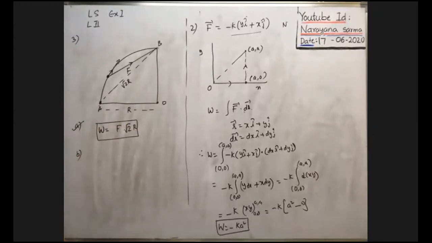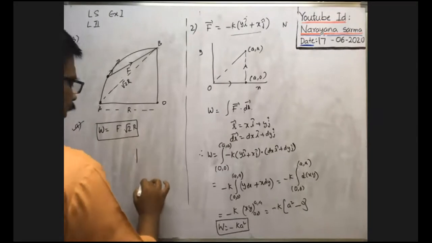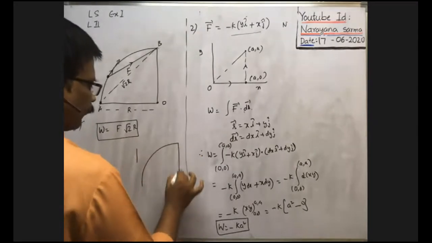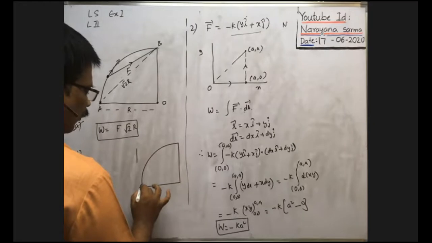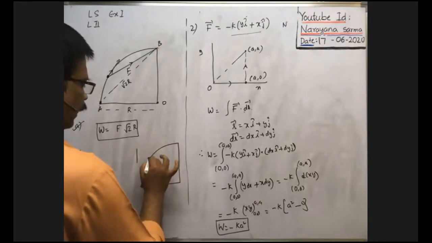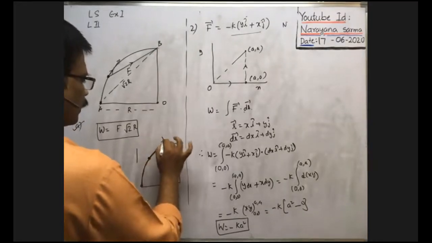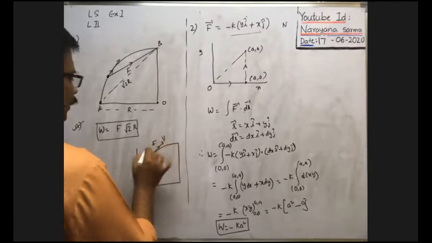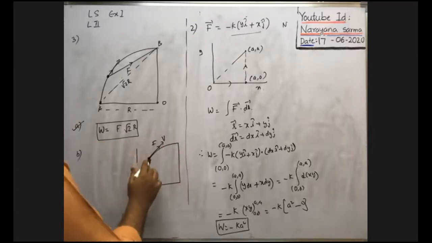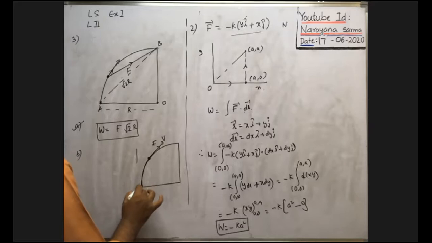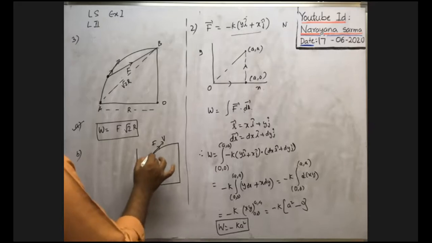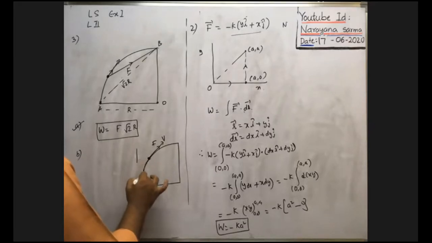Next, option B. If force F always acts tangentially, the force is always acting on the body tangentially. So whenever the body travels like this, at any instant the velocity of the body is in this direction and the force is also in this direction. That means the force always acts along the tangential direction, so for each and every element of the path, the work done is equal to force into displacement.